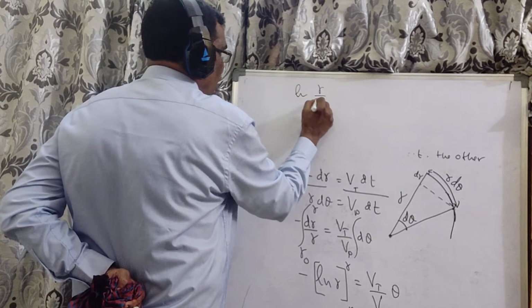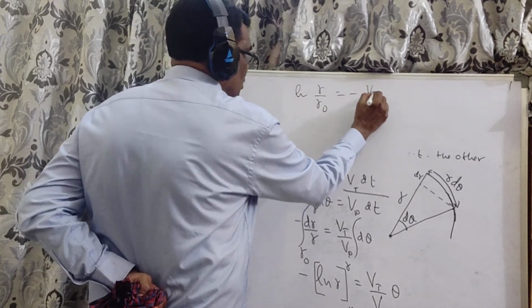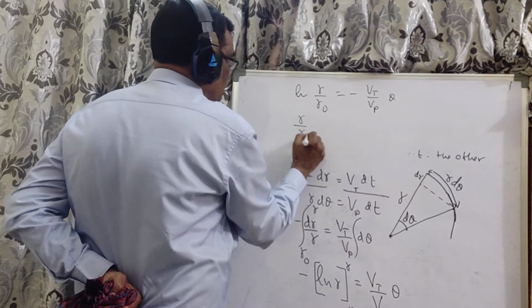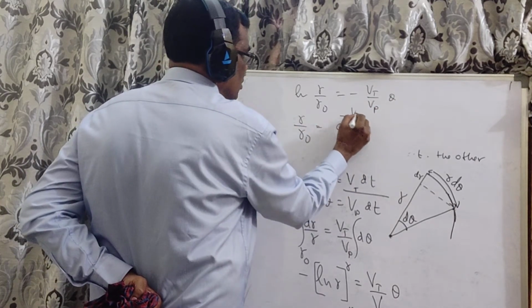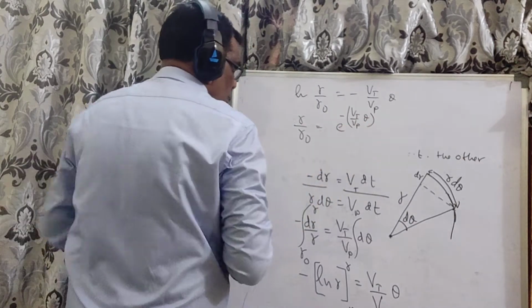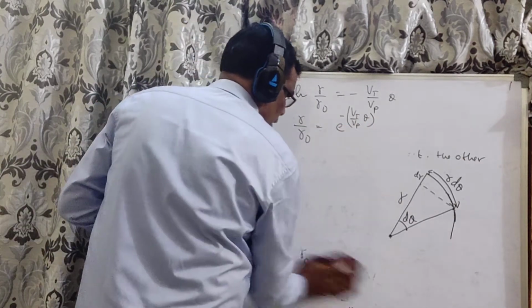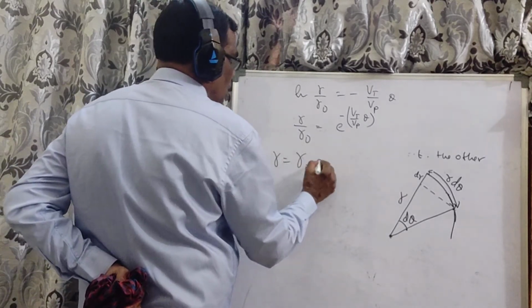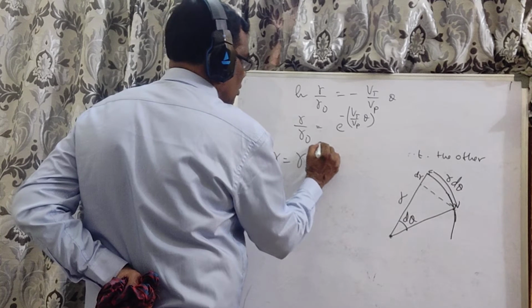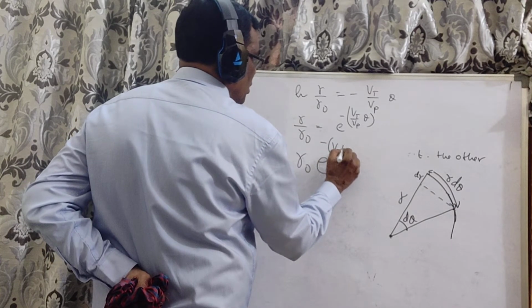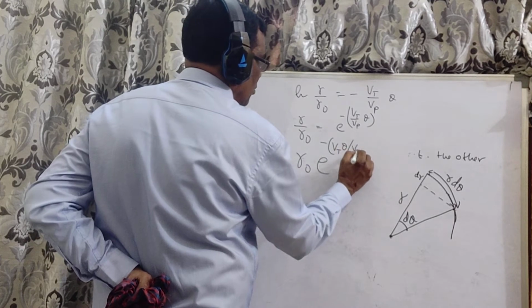ln r by r naught is r by r naught is r. Finally, r is equal to r naught e raised to minus v t theta by v p.